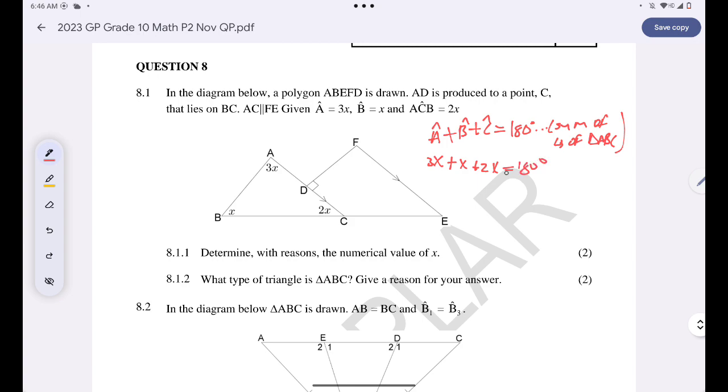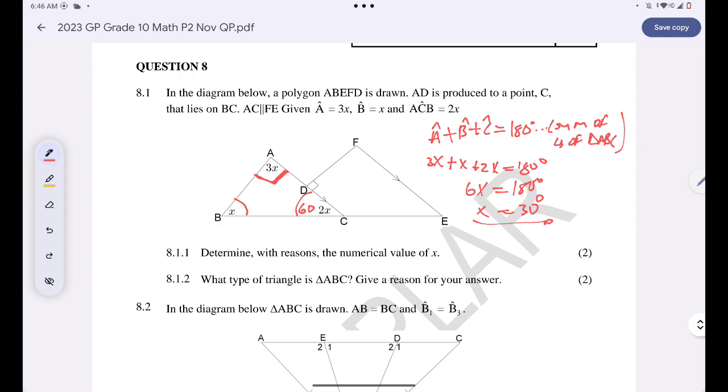This is equal to 180 degrees. Then 6x is 180 degrees. This simply means that x is 30 degrees. So if x is 30 degrees, I have 30 here, I have 60, which simply means that angle A is 90, because 3 times 30 is 90 degrees.